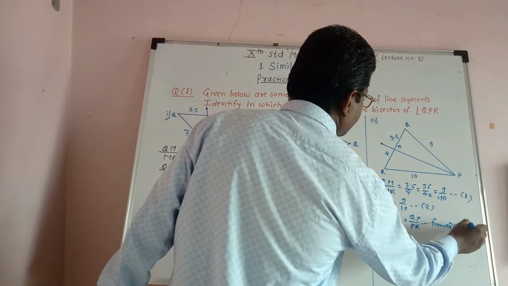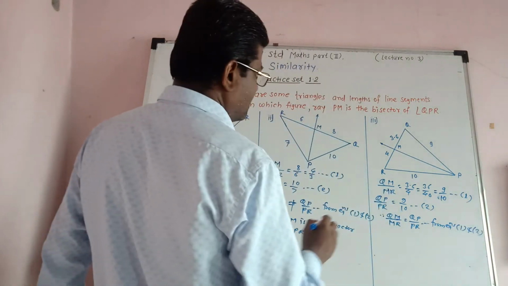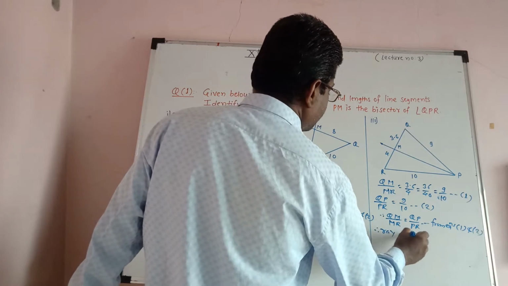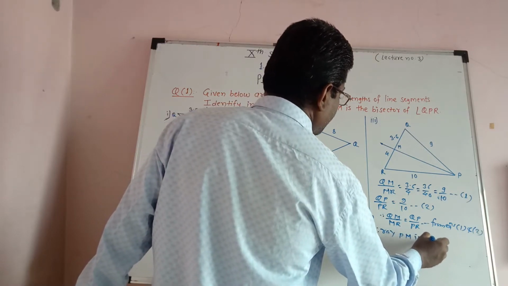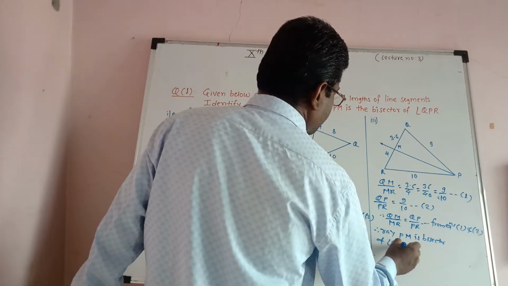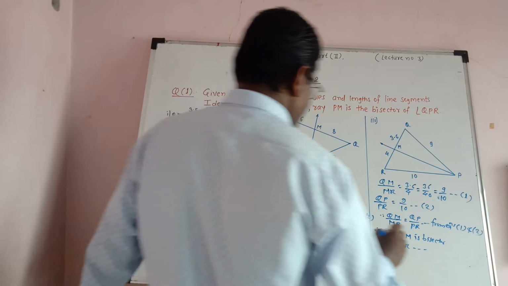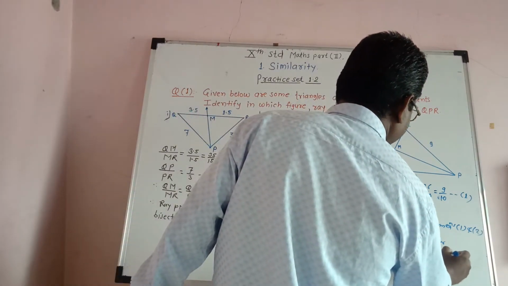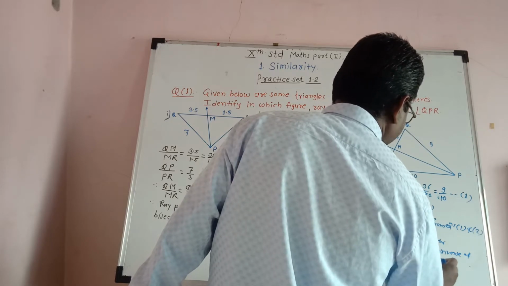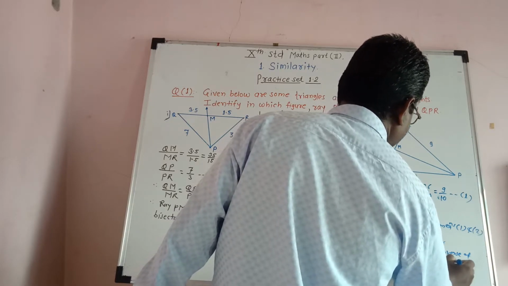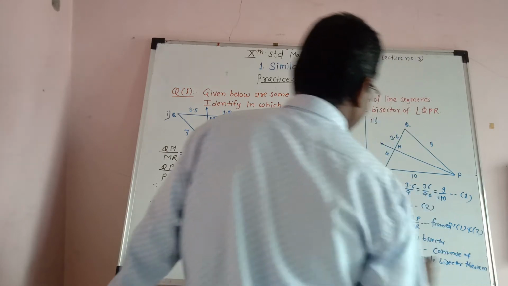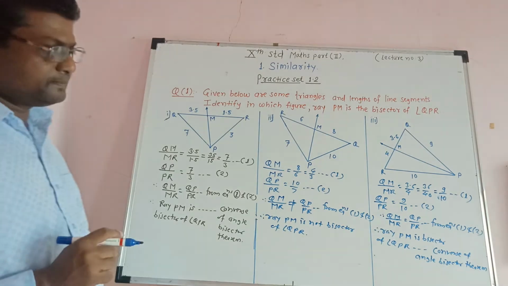Therefore ray PM is the bisector of angle QPR, and the reason is the converse of the angle bisector theorem.